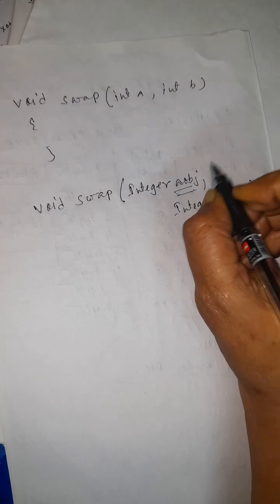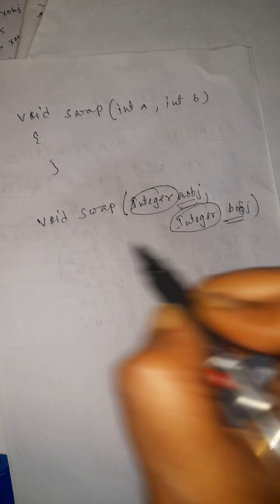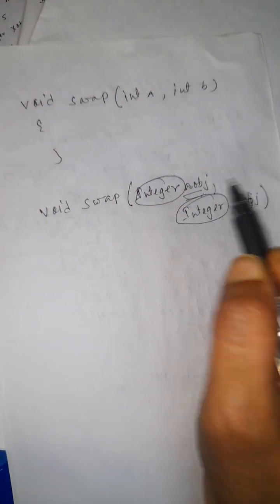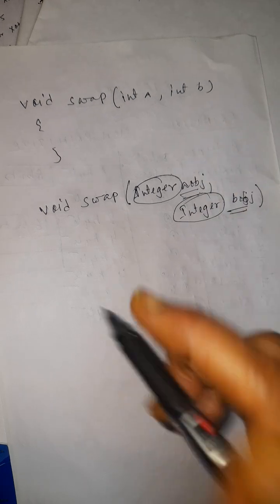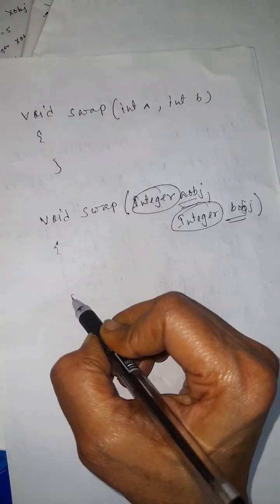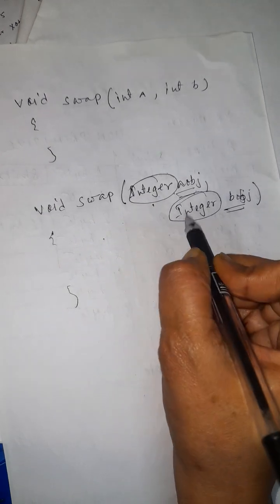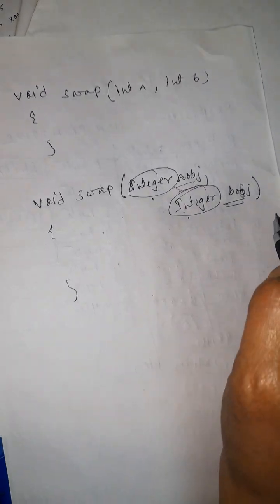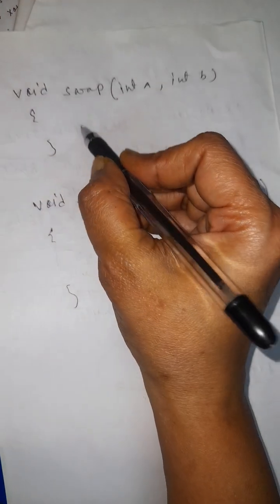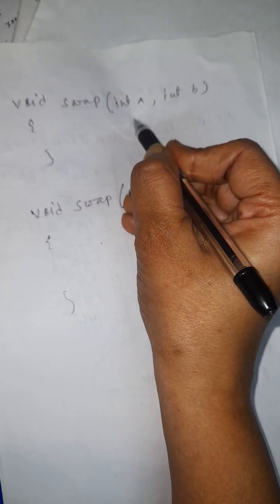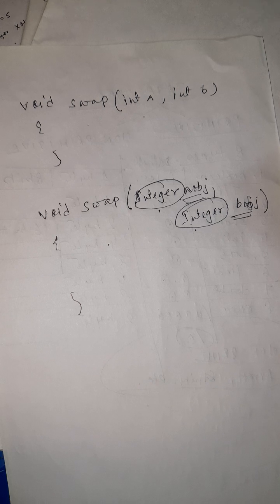Why can you pass it? Because we are using the wrapper class Integer. So easily this works just like call by reference. But Java does not support any call by reference, but you can do this. Now the question is, if I swap these two values, what is the difference between call by value and call by reference? In case of call by value, within main, the original value will not be changed.